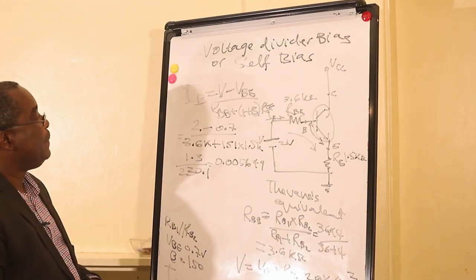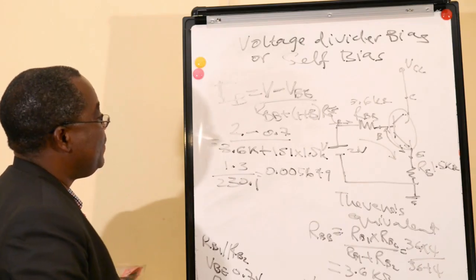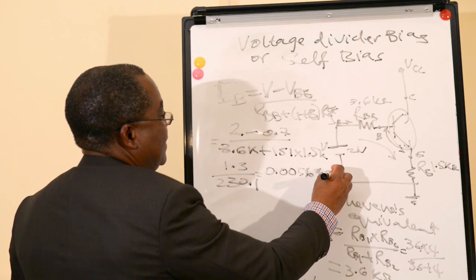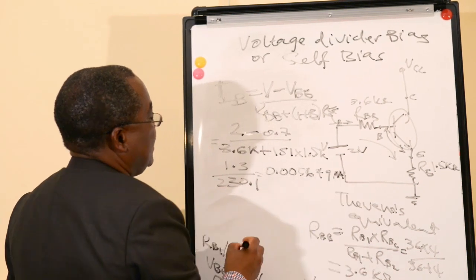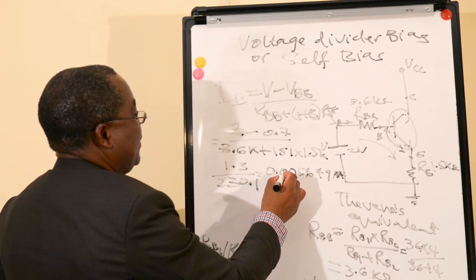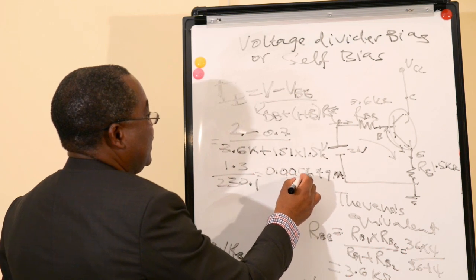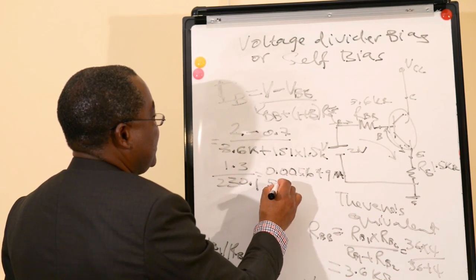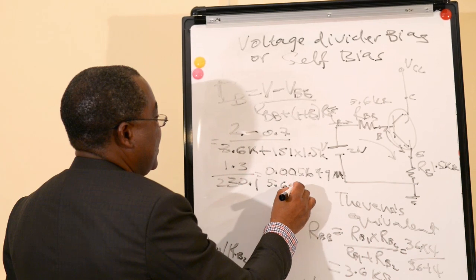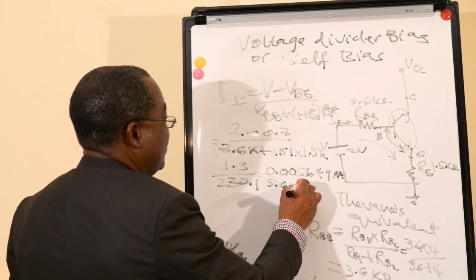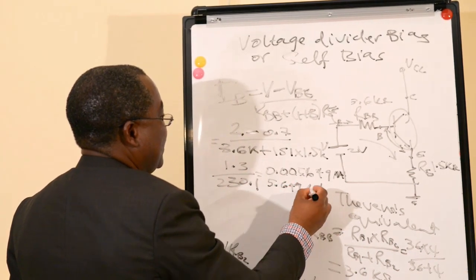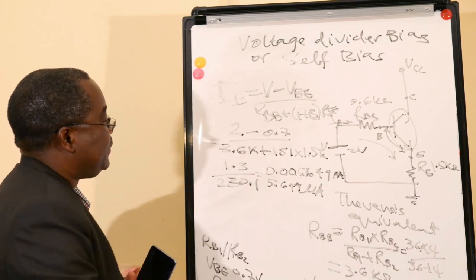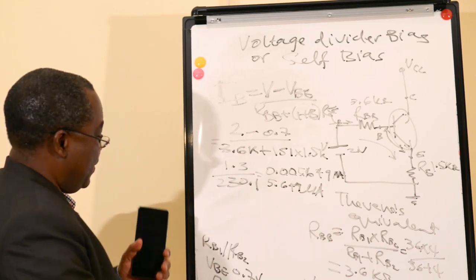These are milliamperes. We can put it in micro: 5.649 microampere. So this is our IB.